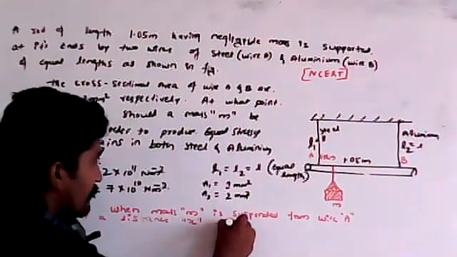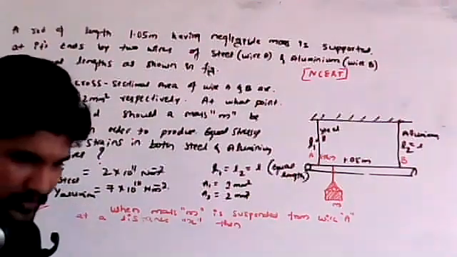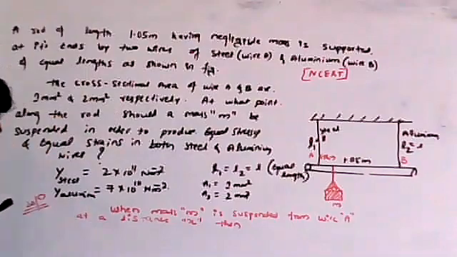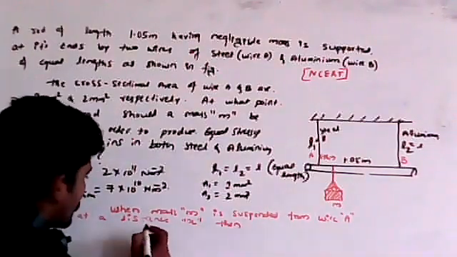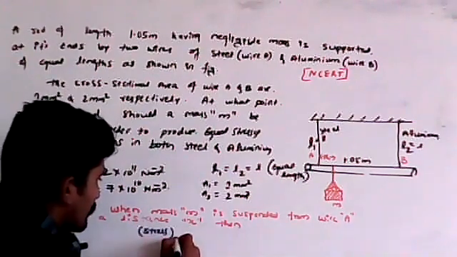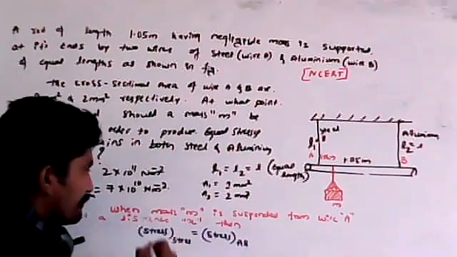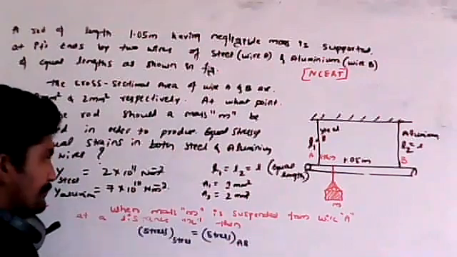Then stress will be equal, they told, in the problem itself. Stress on steel is equal to stress on aluminum. Both are equal, they told.